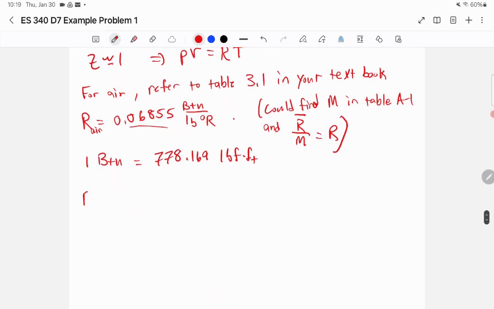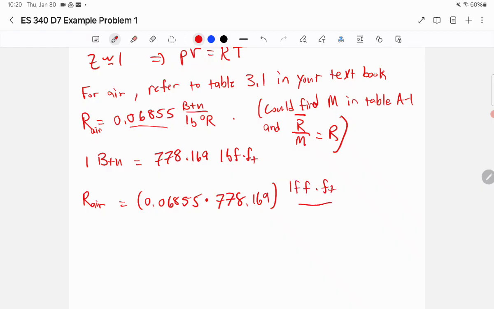So if we do that, then R for air is equal to 0.06855 times 778.169 pound force times feet per pound, this is pound force per pound times degree R, which is approximately 53.343 pound force feet per pound degree R.